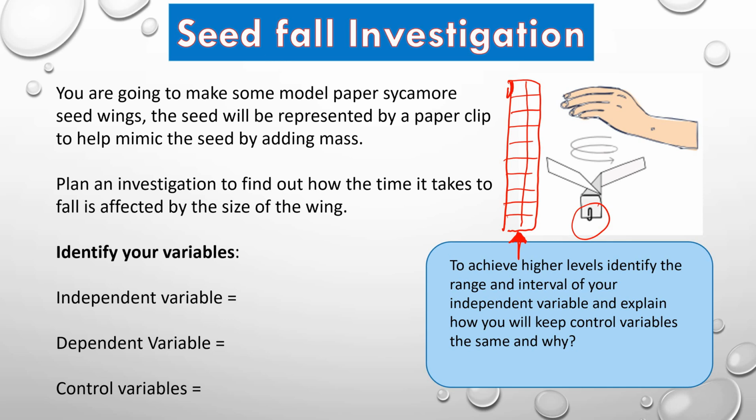Step 5, decide on the height at which you're going to drop your seeds. Remember, this is one of your control variables that you're going to have to keep the same to make it a fair test. Whatever you decide to do where you drop your seed, make sure that there are no open windows creating a draft that would blow the seed and affect the results.